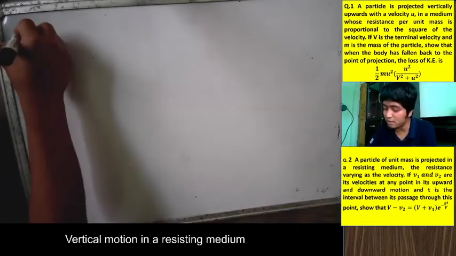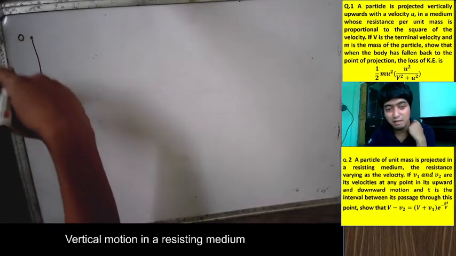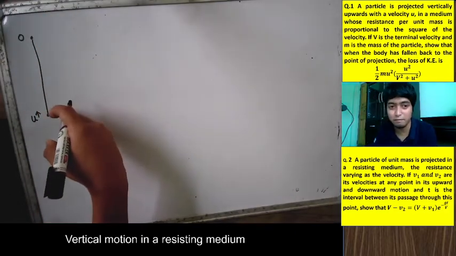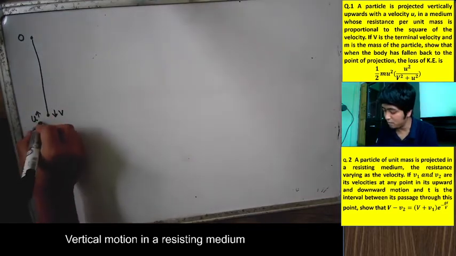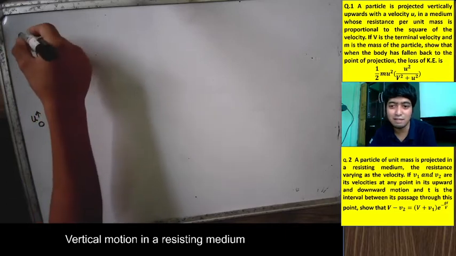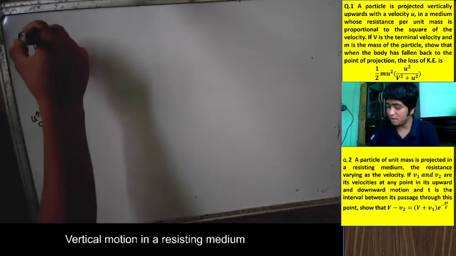The velocity at the highest point is 0. So first of all, the velocity decreases to 0, and then from 0 it again increases to v. Maybe from O to G. I will name this one G to denote that it is the greatest height, so the velocity over here is 0.